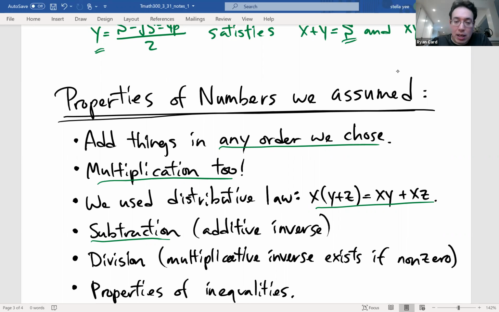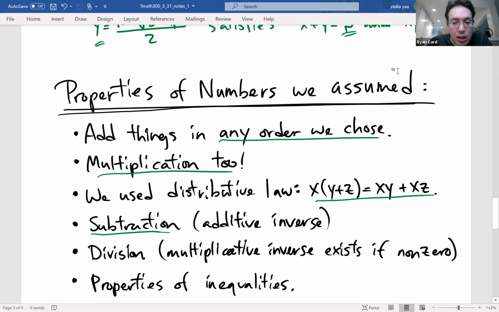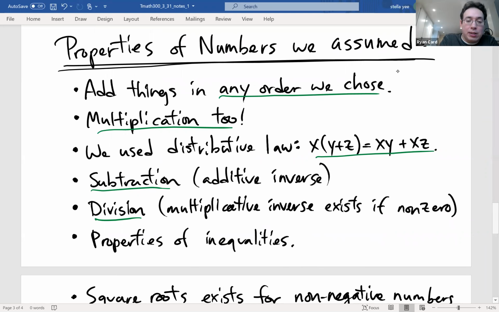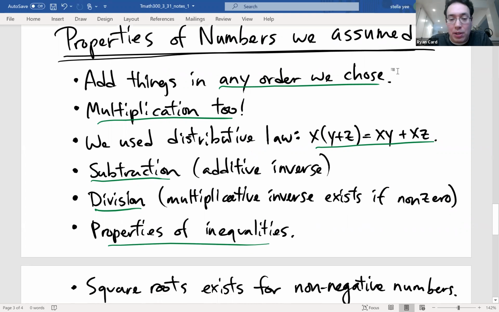Not everything we could do is invertible. And same with division here. Division is kind of like the inverse of multiplication, right? We also looked at some properties of inequalities. We used those properties for granted.